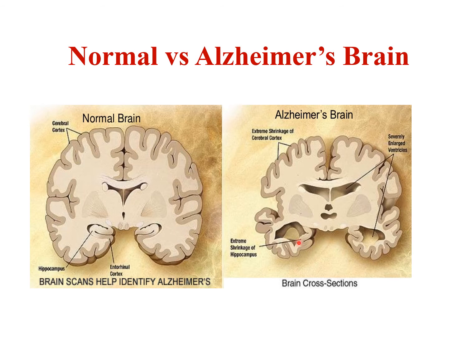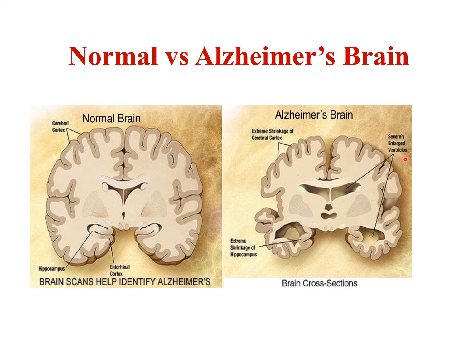And this is the part known as the hippocampus, and it is showing extreme shrinkage of the hippocampus and extreme shrinkage of the cerebral cortex part of the brain in the Alzheimer's brain.